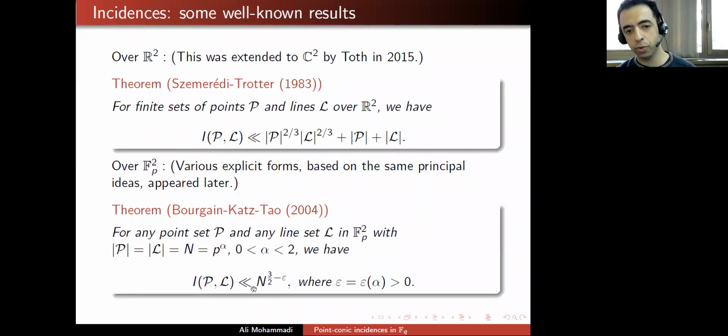Say you're working over F_q, so general finite fields, and you take your point set to be the Cartesian product of 2 subfields, and L also the dual of the same Cartesian product, then both your point set and line set will be of size g to the 2 if your subfield has size g. And you can easily show that the lower bound is g to the 3. So this n to the 3 on 2 is actually easily achieved.